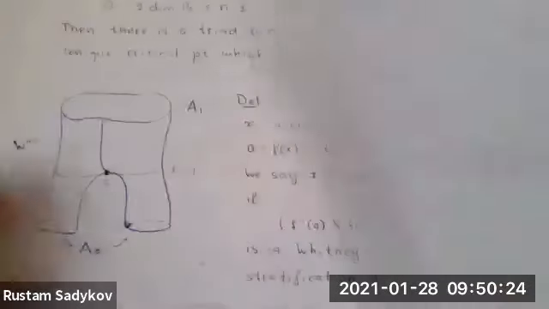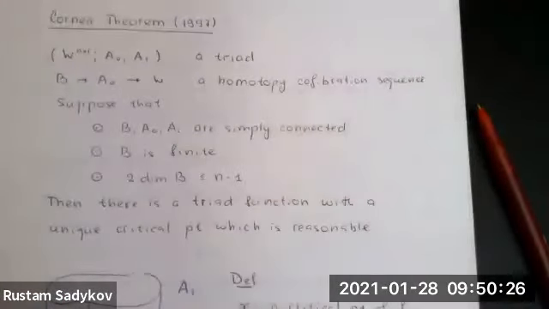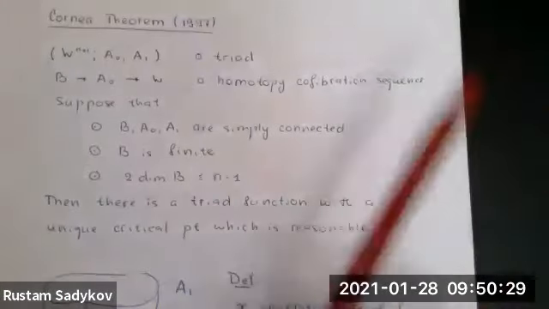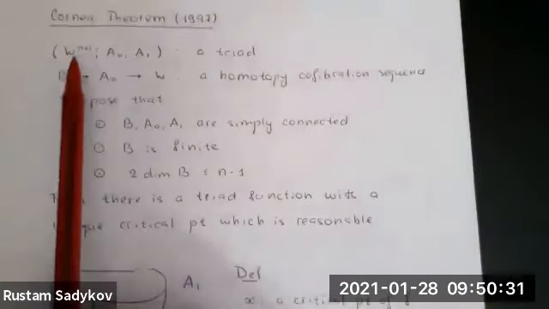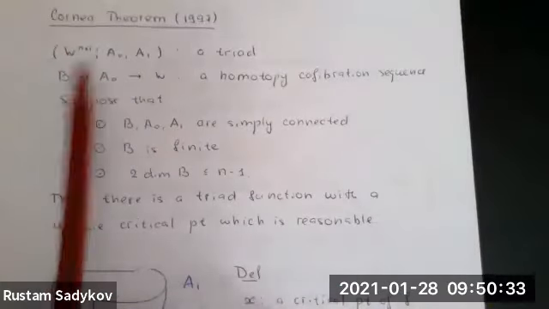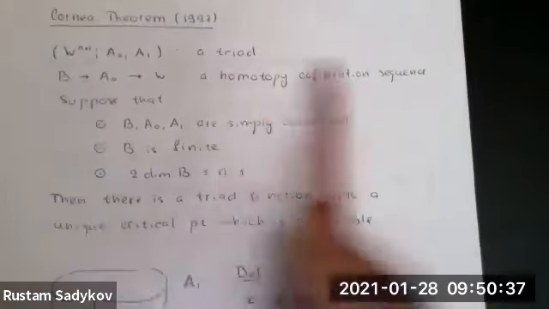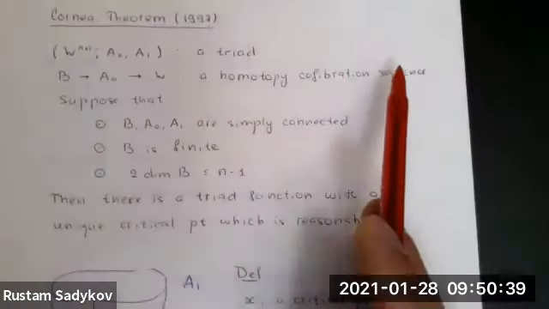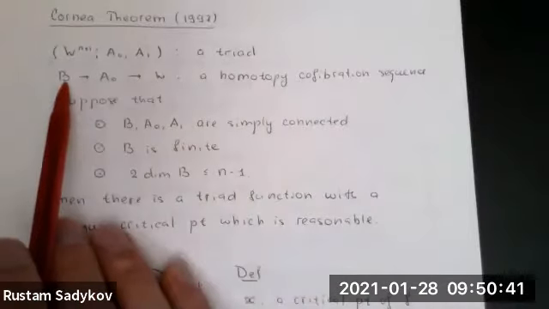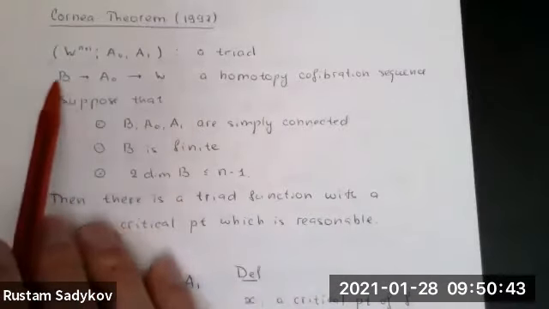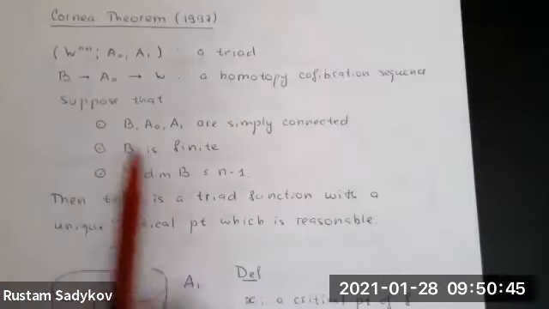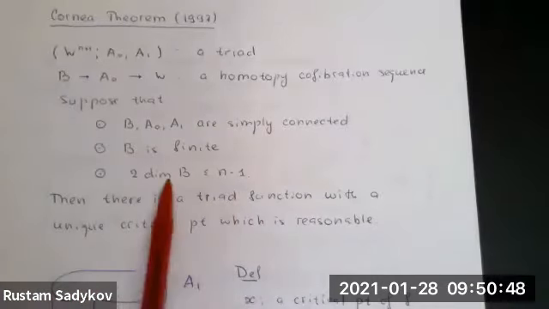To formulate the inequality in the other direction, one needs to assume that everything is simply connected. And if you have a cone length decomposition, then in every cone length decomposition, the base of the cone should be of fairly small dimension.